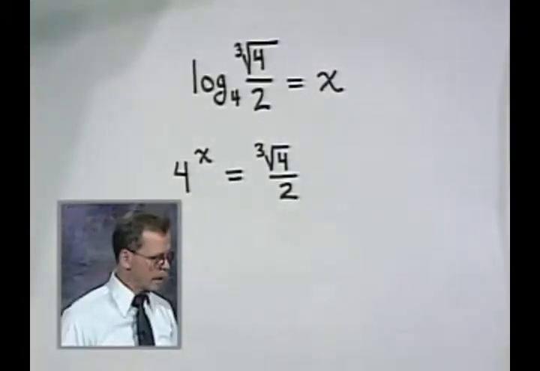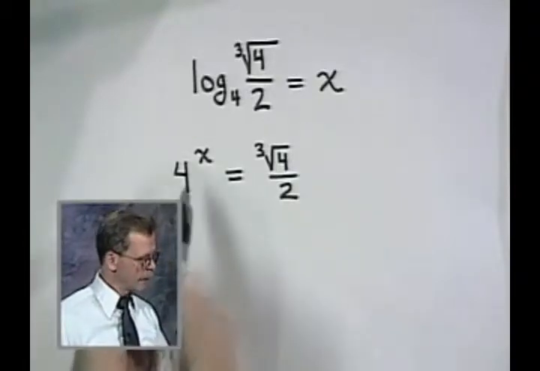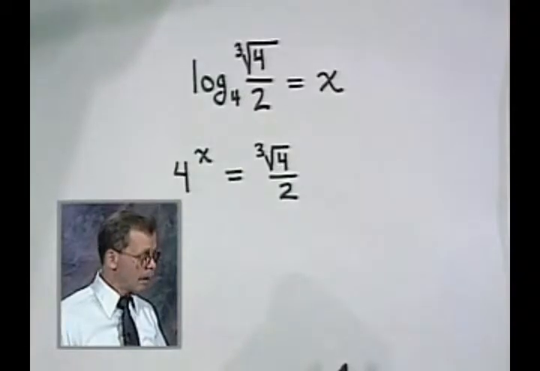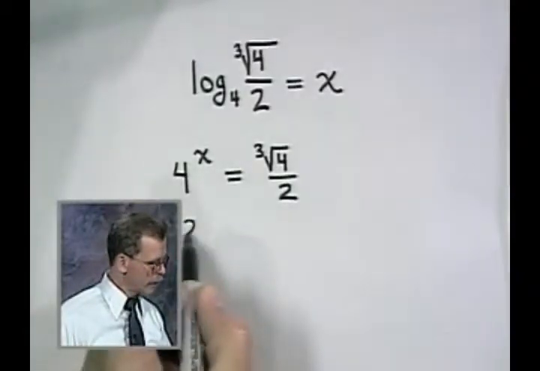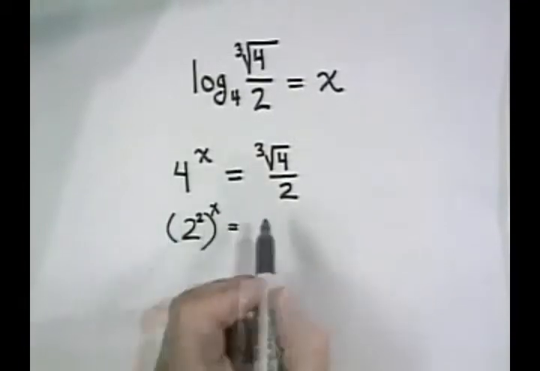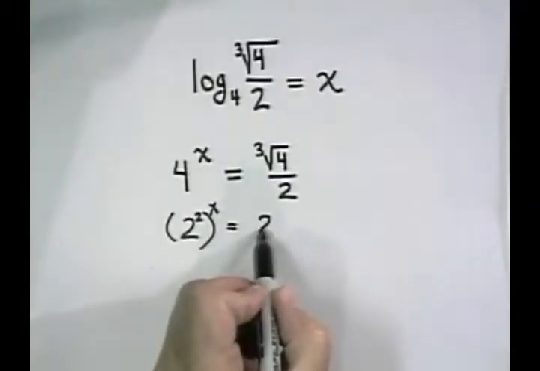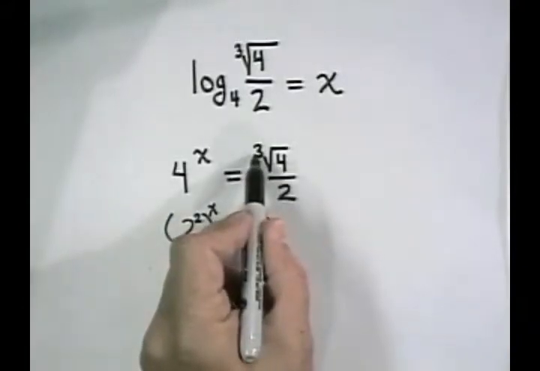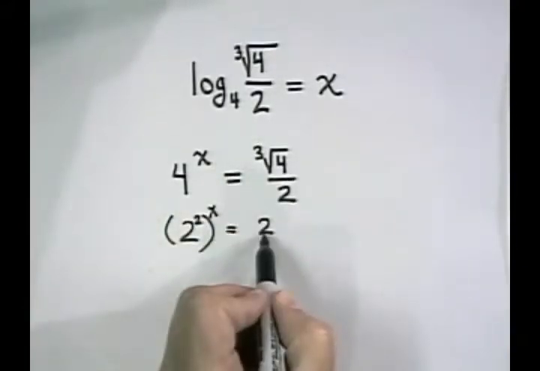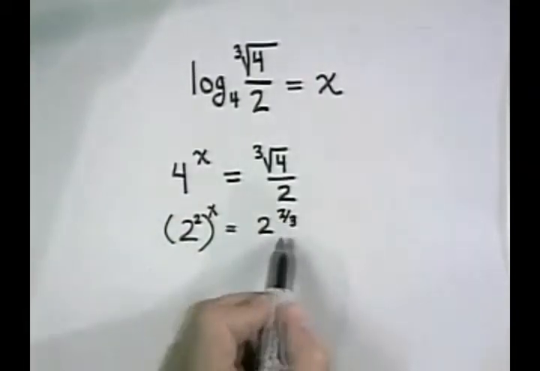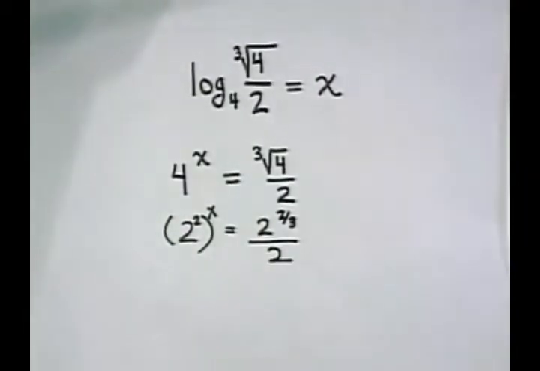Now the advantage we have in this special problem is that these numbers are all powers of 2. So we could write this as 2 squared to the x power. The cube root of 4 is 2 squared, and the cube root is the 1/3 power. So that's 2 to the 2/3 power divided by 2. Now we could simplify our exponents.